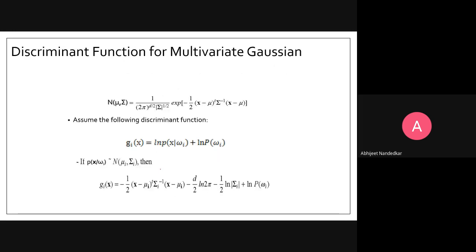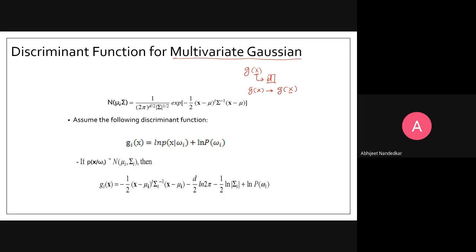Then the concept was extended or generalized for multivariate functions, that is g of x, where x is d-dimensional. When x is one-dimensional, I will write it like this. When x is d-dimensional, I will write capital X.